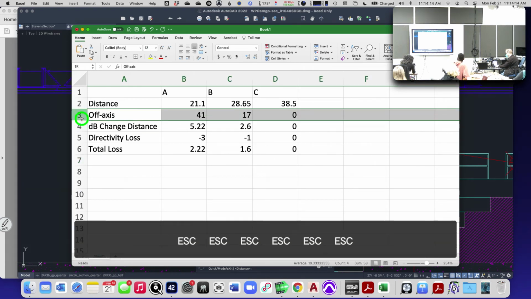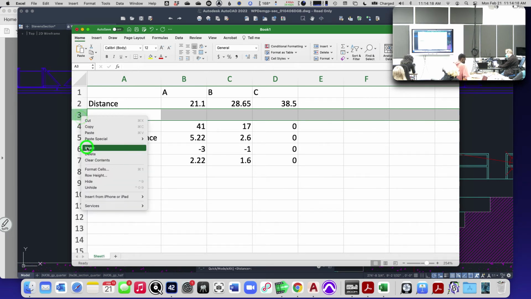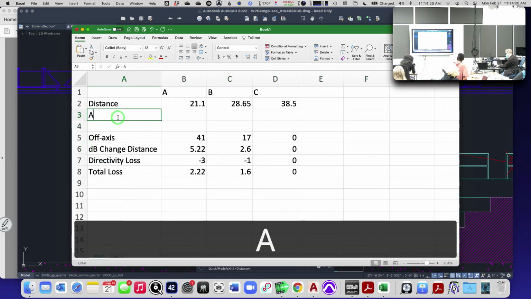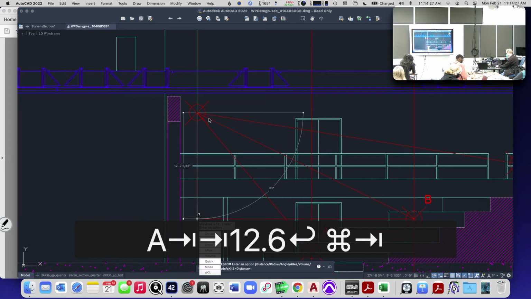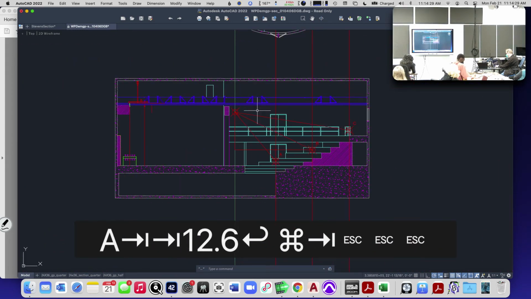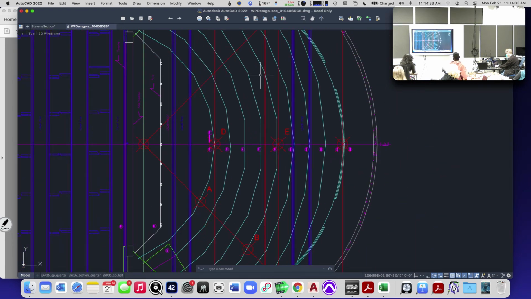So I'm going to insert a couple rows here. A is 12.6. And then the B side of the triangle we would get from the ground plan. What are you solving for right now?